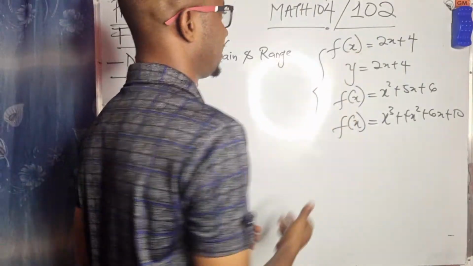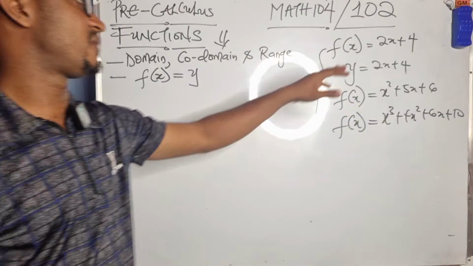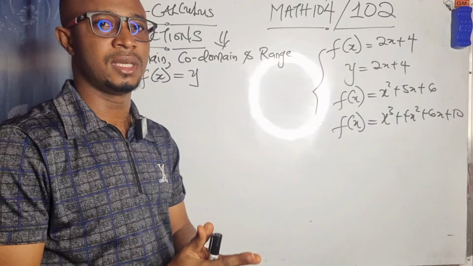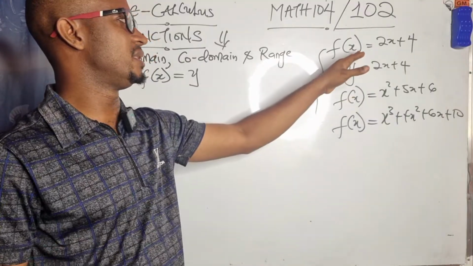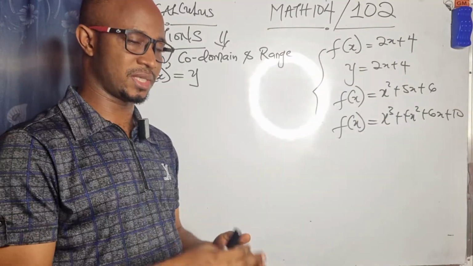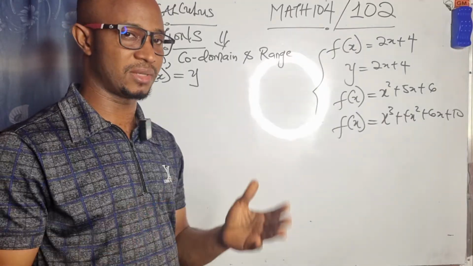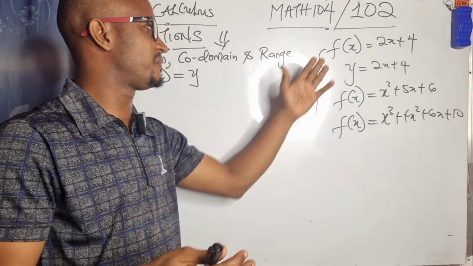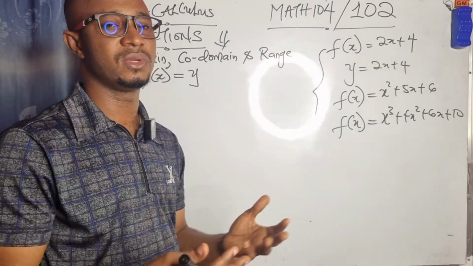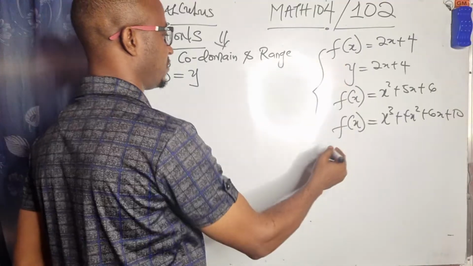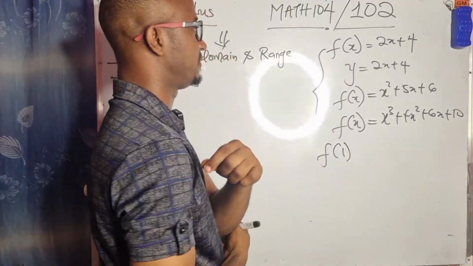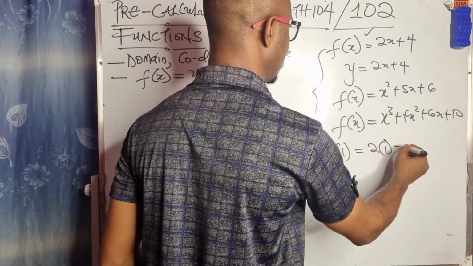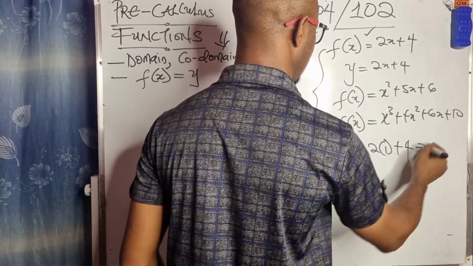For this, we can find the possible values of x for which the function is defined, meaning we can find the domain. The possible values of x can be 0, 1, 2, 3, or -1, -2, -3. We can be asked to find f of 1, f of 2, f of 3. For example, f of 1 for the first function is 2 times 1 plus 4, which gives 6.